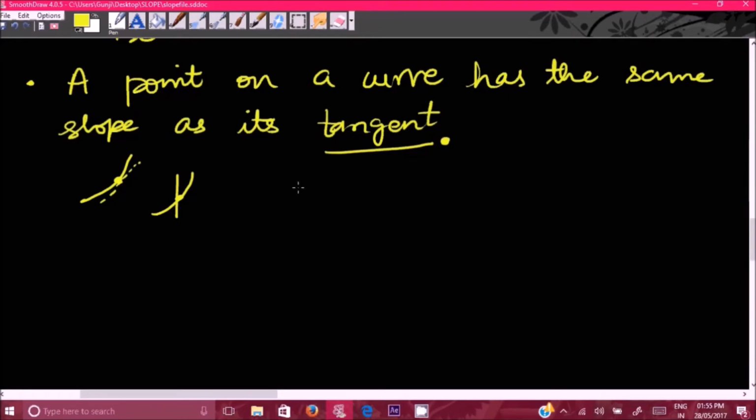So if this is a y versus x graph, or you can say a displacement versus time graph, which is a curve, x versus t graph, and we want to find the slope of this point, the first step is to draw the tangent at this point.